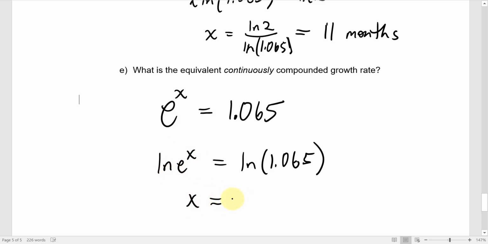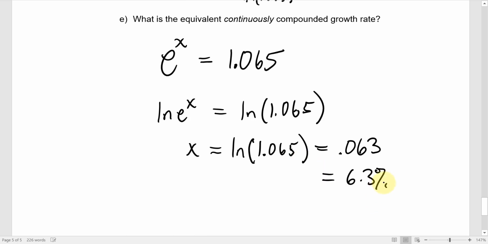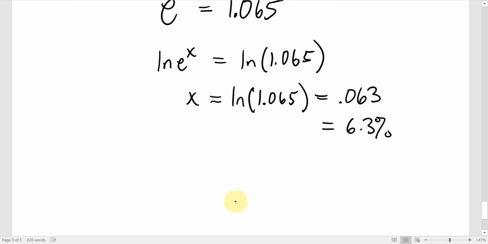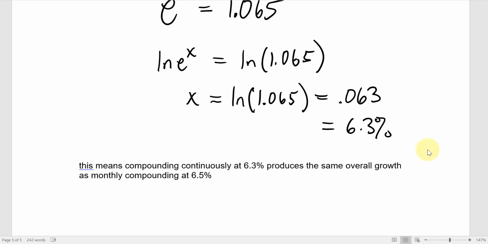These are inverse functions. So we're looking for the natural log of 1.065. This is about 0.063, let's say, rounding off, so 6.3%. So the conclusion is, if you compounded continuously at 6.3%, you get the same effect as 6.5% every month. This means compounding continuously at 6.3% produces the same overall growth as monthly compounding at 6.5%.